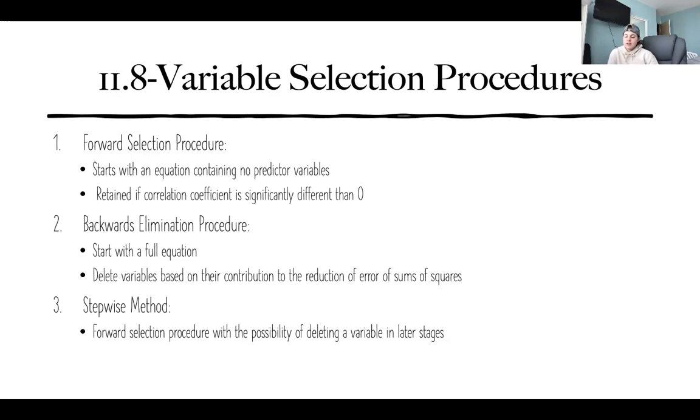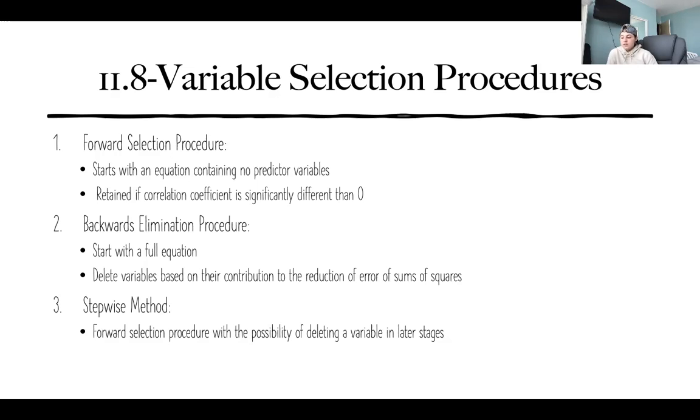The next method is the backward elimination procedure. In this case, we start with a full equation and then see if we can drop one variable at a time. Variables are dropped based on their contribution to the reduction of the error sum of squares. The first variable that is deleted is the one with the smallest contribution to the reduction of the error sum of squares.